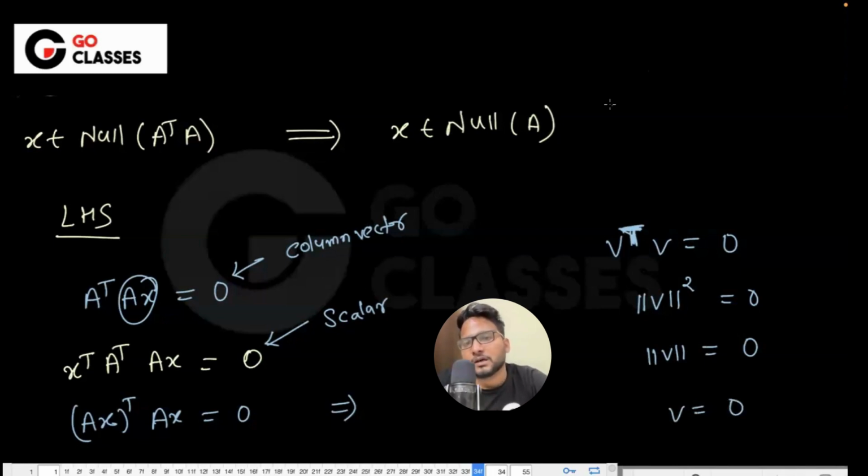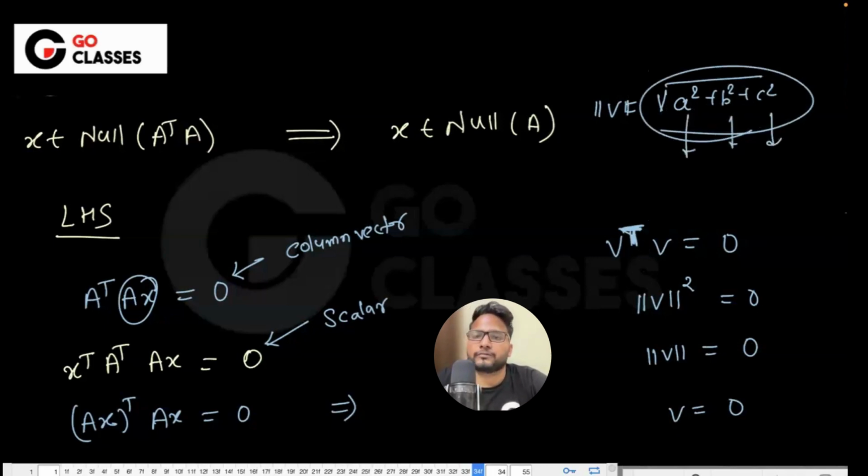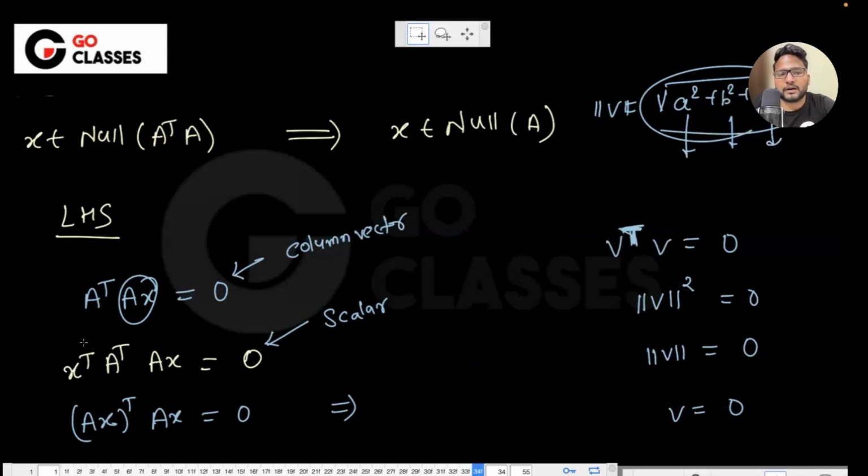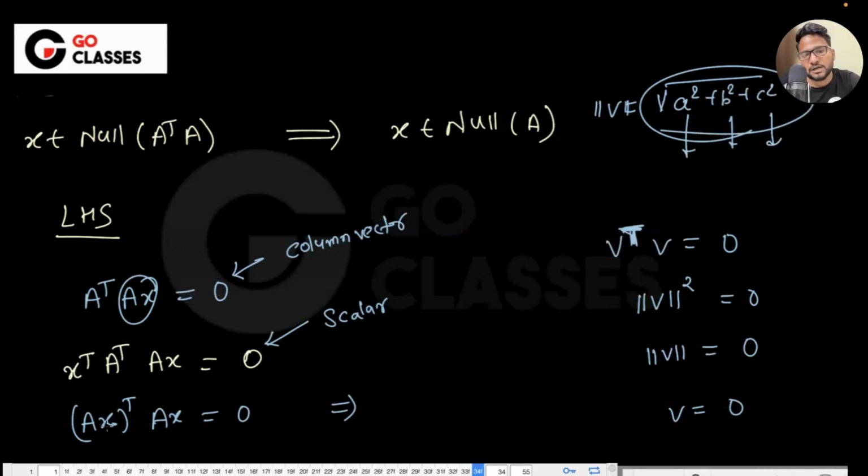Why is that the case? Because norm of V squared is always A squared plus B squared plus C squared, like this. If this thing is 0, then individually these have to be 0. If some norm is 0, it means that individually the vector must be 0. Or you can understand it like this: if a vector's dot product with itself is 0, can the vector be orthogonal to itself?